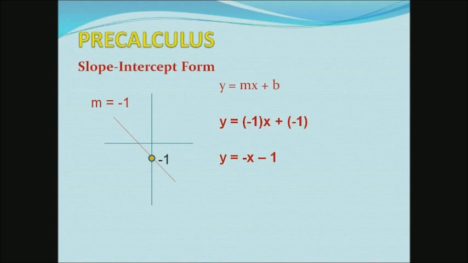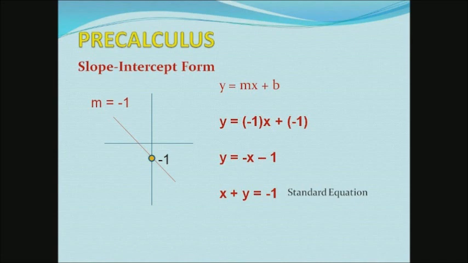Okay, so we can take the term with x variable on the left side of our equation. So rearranging our equation, we will be having x plus y equals -1.